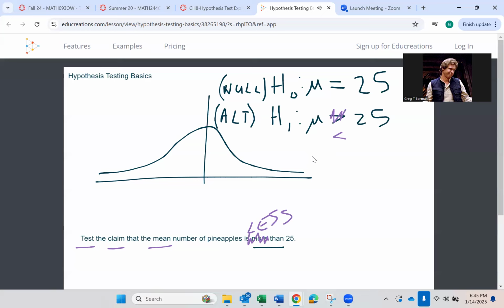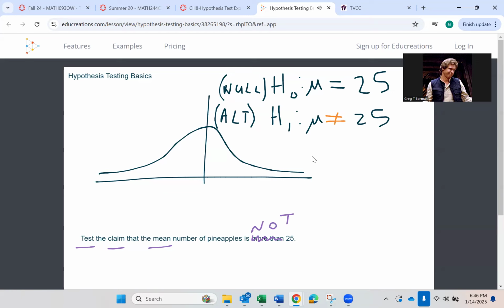Or what if it says, test the claim that the mean number of pineapples is not 25, or is different from 25? Then in that case, you would put a not equal sign in there. So the alternative hypothesis always has a less than, a greater than, or a not equal, always.